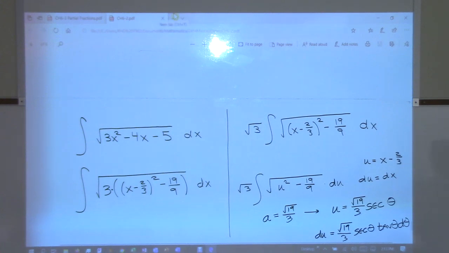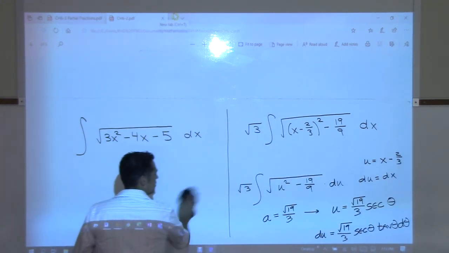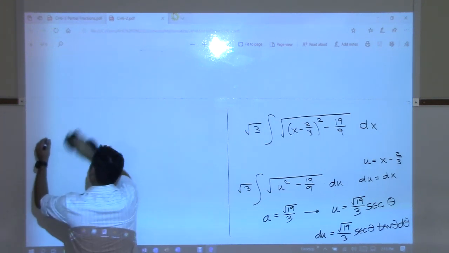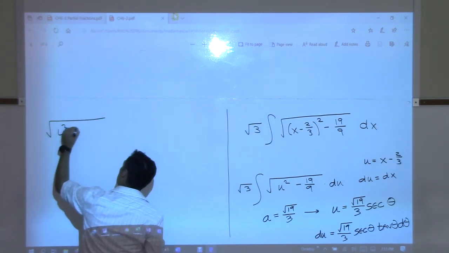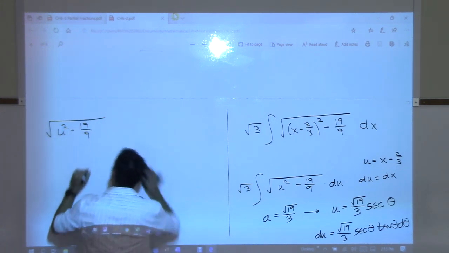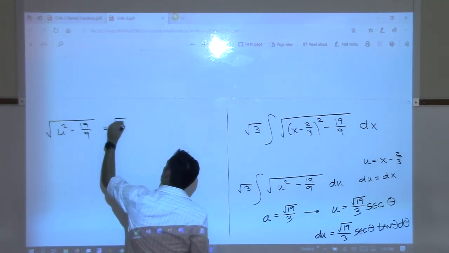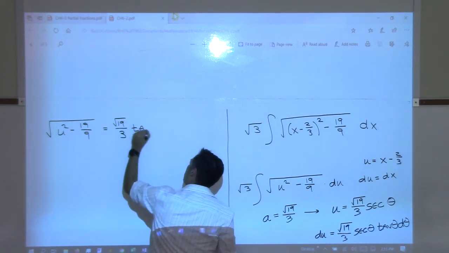So we know that, I'm running out of room over there, so we know that the big root thing, which was u squared minus 19 over 9, we know that that turns into root 19 over 9, or no, over 3 tan theta.